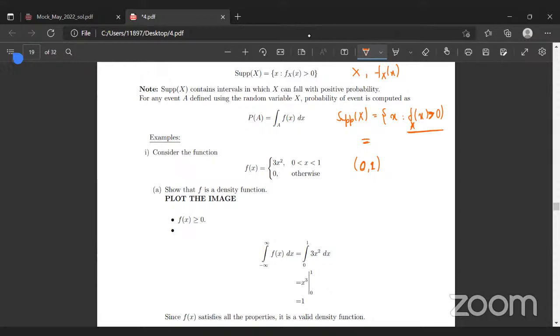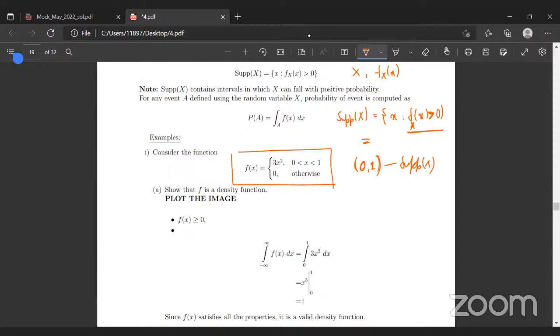Now if you look at this example over here, if I want to find the support of x, we need to find all such x for which fx is greater than 0. So what are all the points for which fx is greater than 0? Between 0 and 1, right? So this is nothing but the support of x.